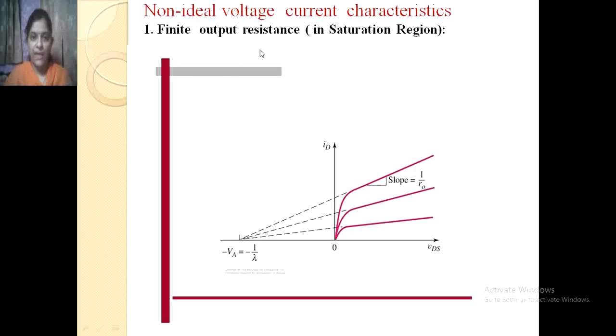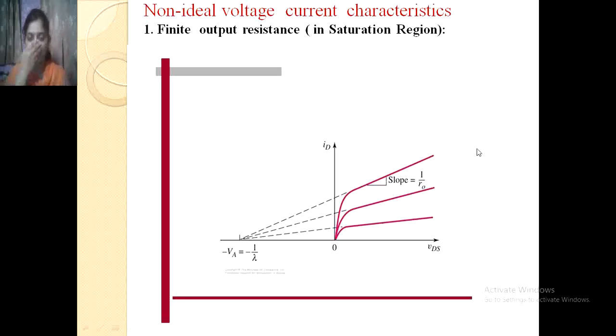So for the finite output resistance, we have to consider the saturation region. Here the ID versus VDS plot is shown, and the graphical representation of the ID current flow is given. If you see the slope of this, it is 1 upon R. So what action will take place in a MOSFET?